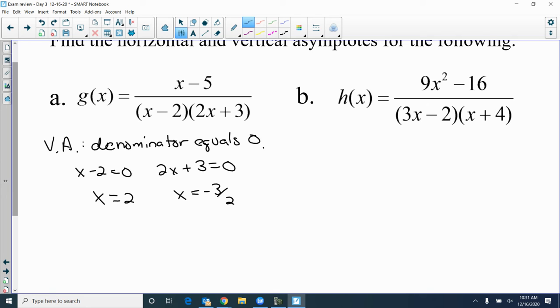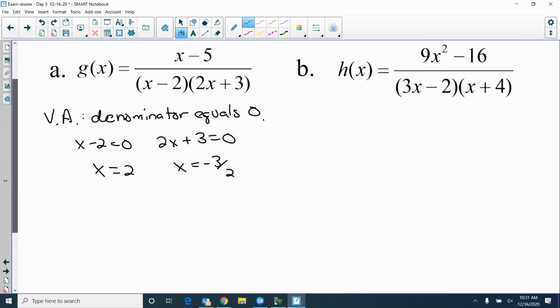Got it. All right. It has to do with the degree of the numerator compared to the power of the denominator. What's the degree of this numerator? 1. What's the degree of the denominator? 2. If the degree of the numerator is less than the degree of the denominator, then it is always y equals 0.